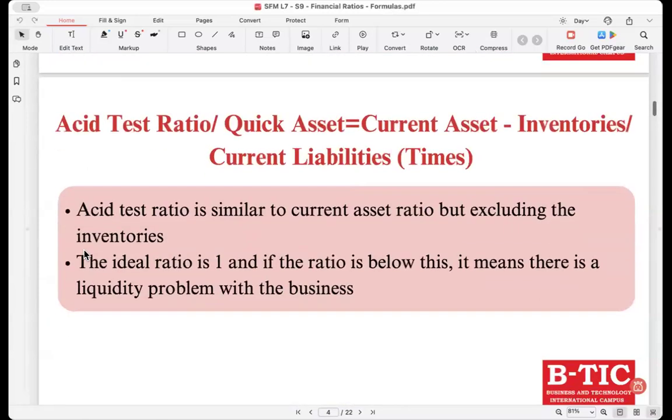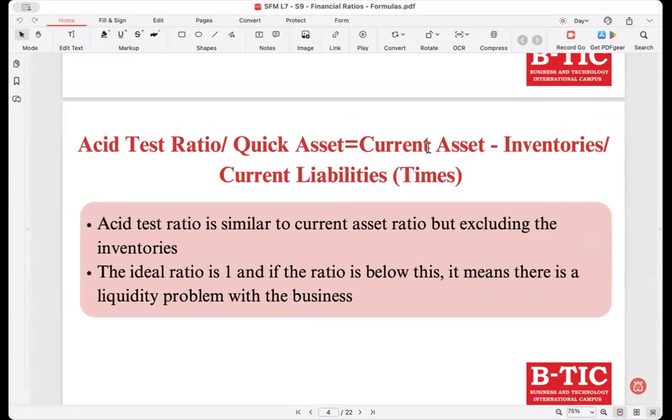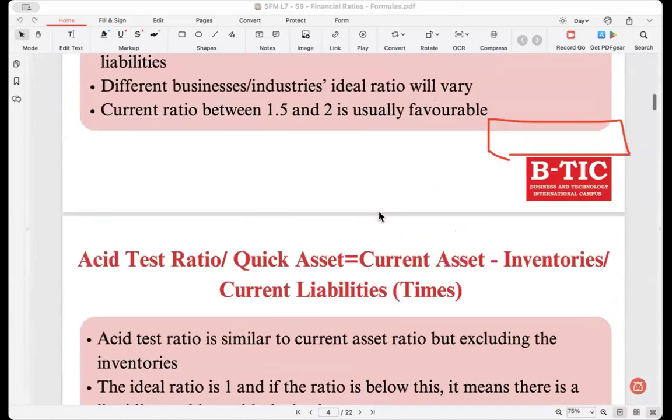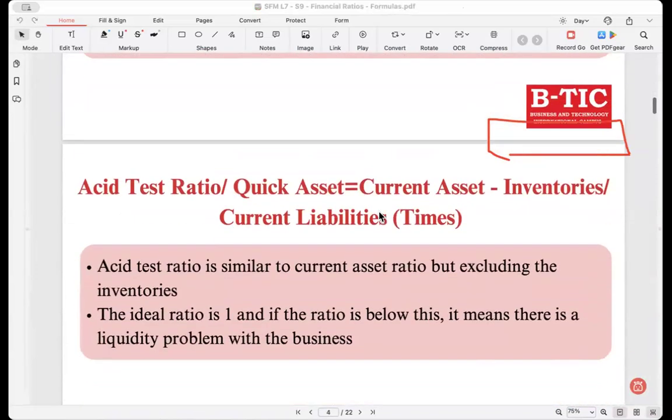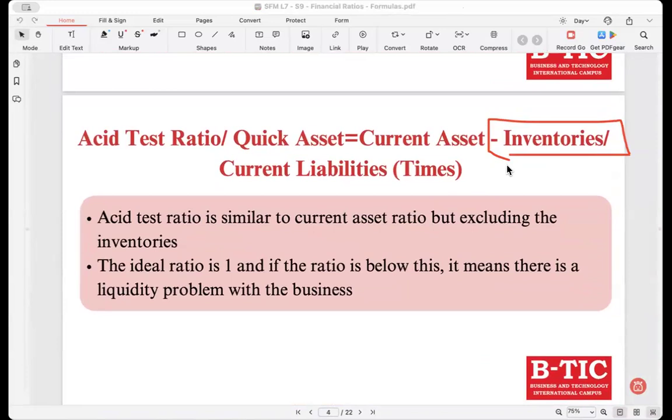Next, we have the quick asset ratio or asset test ratio. Here, you're removing the inventories. It's the same formula as the current asset ratio, except that you're removing the inventories from the current assets. So the quick asset ratio is current assets minus inventories over current liabilities.